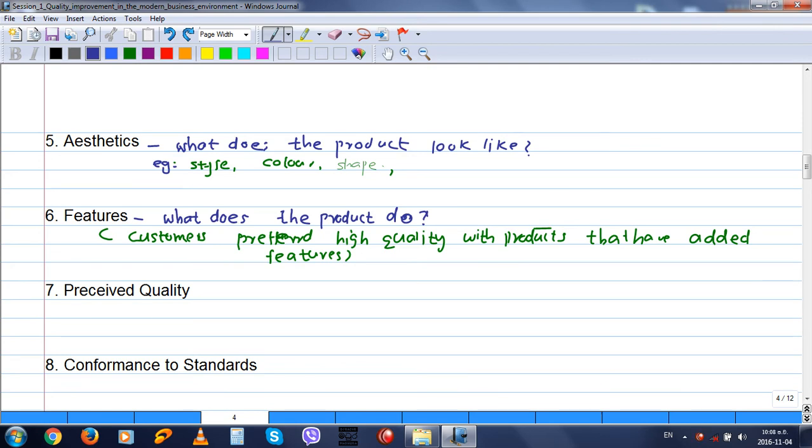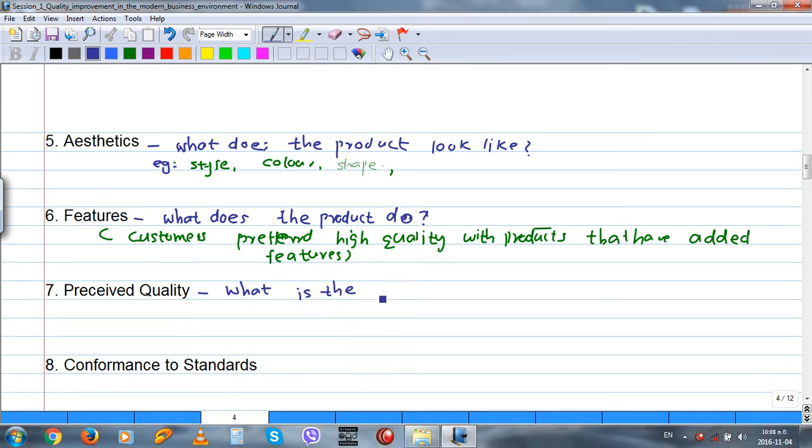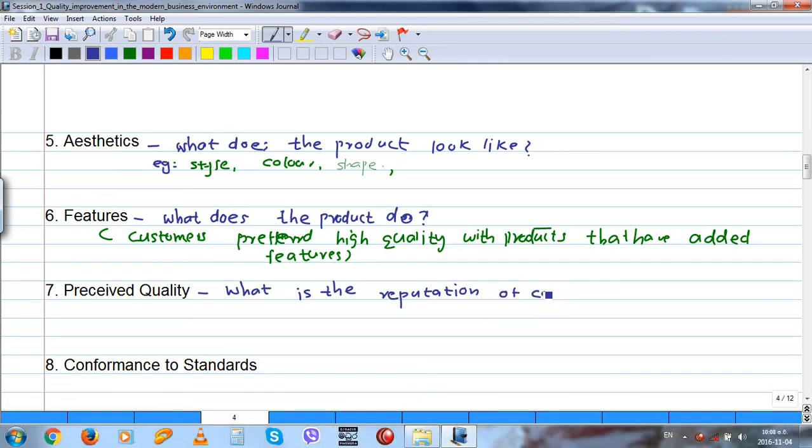That is the meaning of perceived quality. So we can write that perceived quality means the reputation of the company or its products.